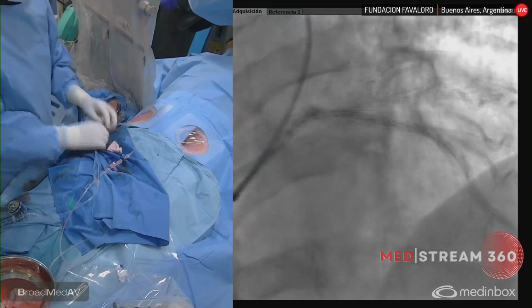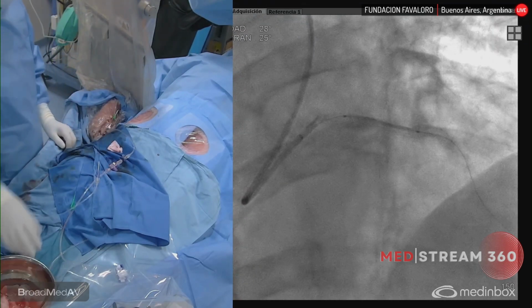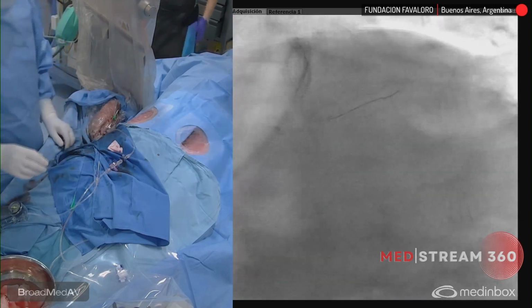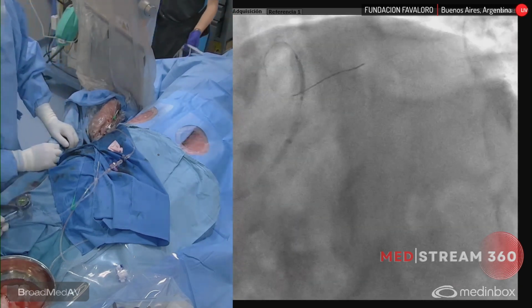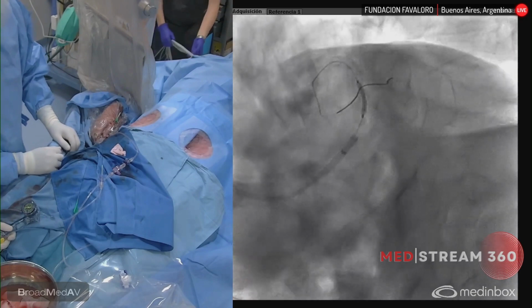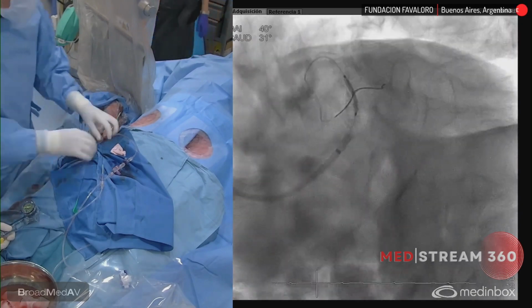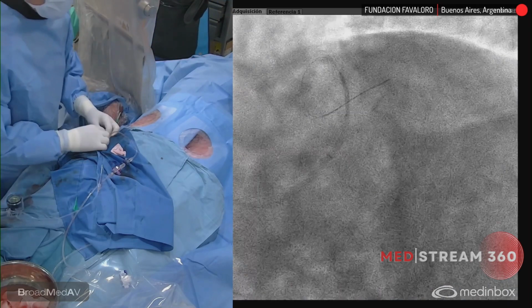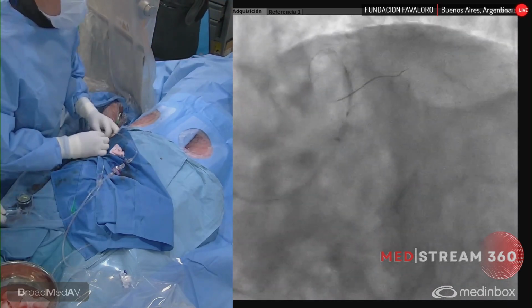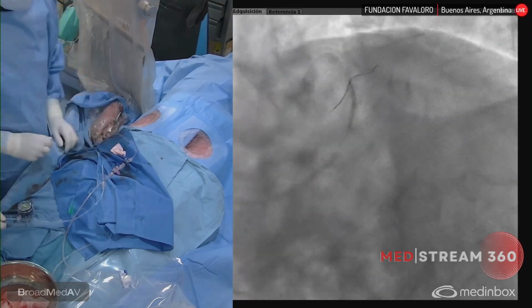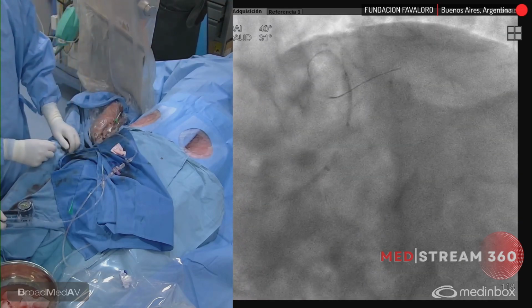And now we can go to spider view. We have a lot of small branches. Then we will decide which one we should rescue, test. There is a huge diagonal there that hopefully is not going to be compromised, because with the guide extension, I cannot use two wires.